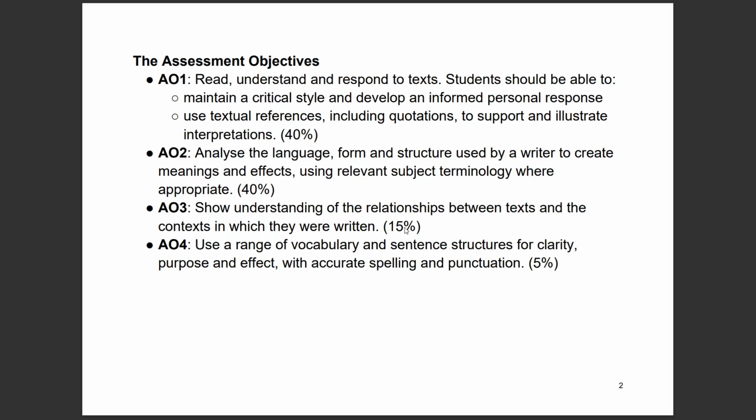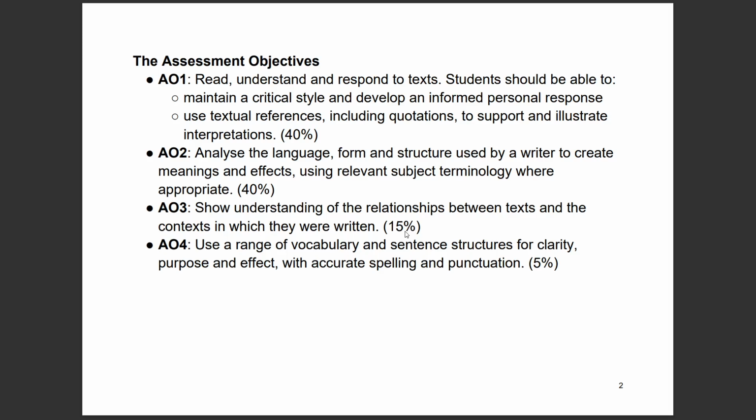Now, so these two here, AO1 and AO2 is 40% each. Context is 15%. Now, what's really important here is that on the one hand, 15% is quite a lot. All right, so you really can't afford to miss out 15%. It's 1.5 grades. The good news is that that doesn't mean that your essay has to be 15% context to get 15% of the marks.